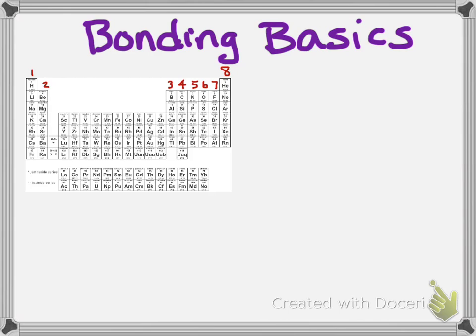What you should have said is that those red numbers represent the number of valence electrons. So for example, anything in that first group has 1 valence electron, anything in the second has 2, and so on. What's important about that is the Lewis dot structures.